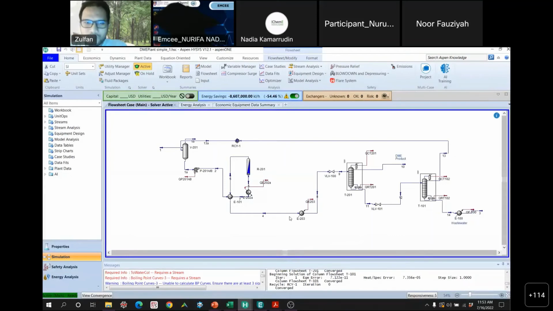You can then do whatever you want with the options, implement them into the real simulation or real mass balance calculations, and then you can have more accurate cost saving figures, which you can then present to your boss. So I will stop here, and we'll go to the Q&A session.